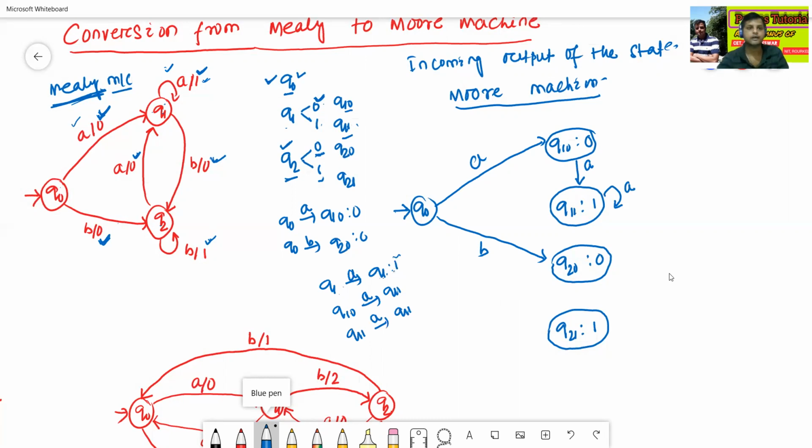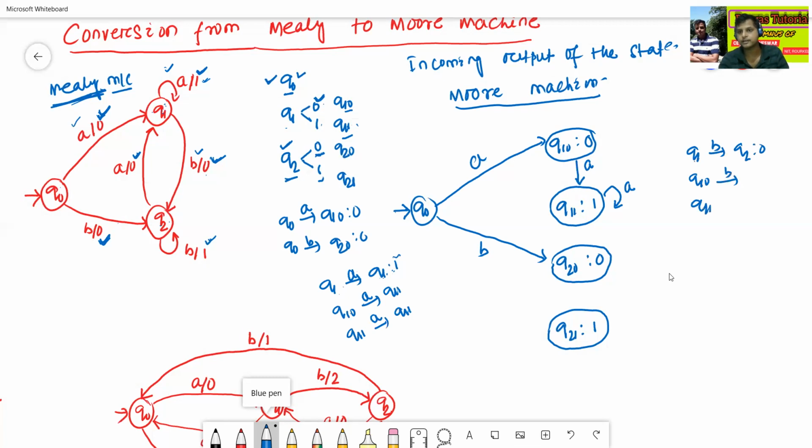Okay. Now we'll check for Q1 reading B. Q1 reading B goes to Q2, but its output is 0. That means Q1 means Q10 and Q11.